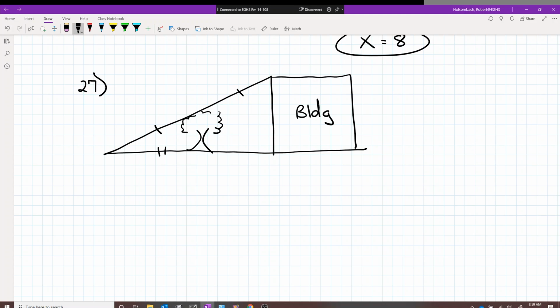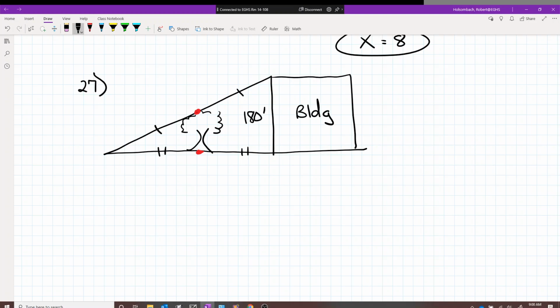Since your tree represents a segment that connects the midpoints of two sides of a triangle, then the height of your tree is a mid-segment. You're told that the building is 180 feet tall.